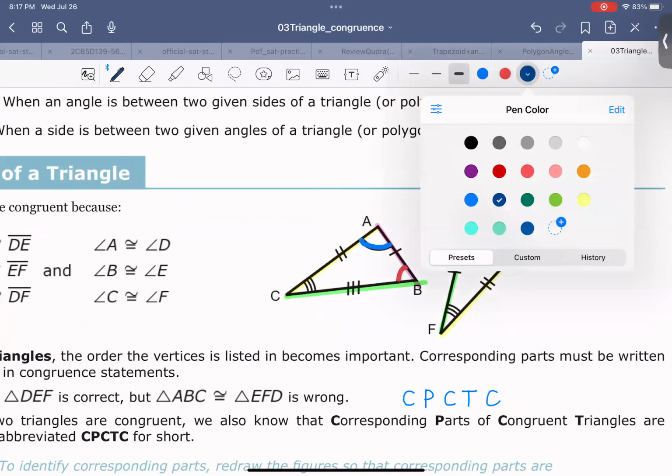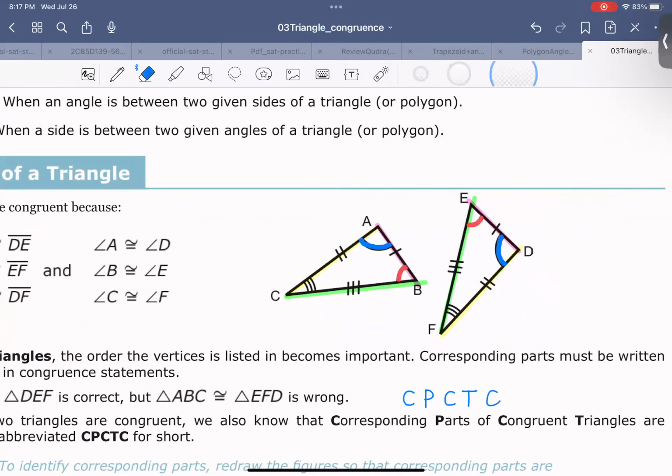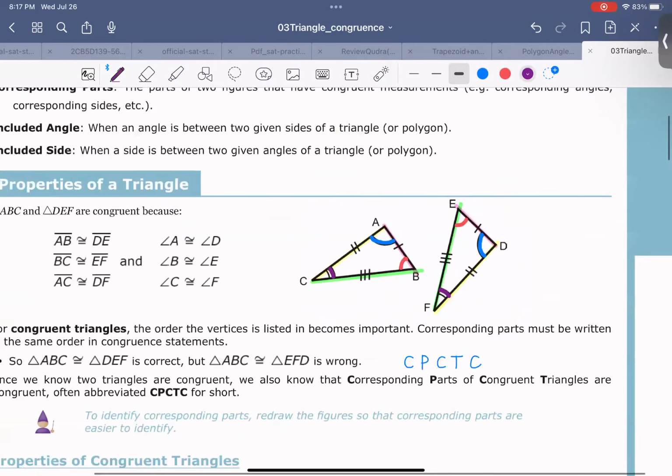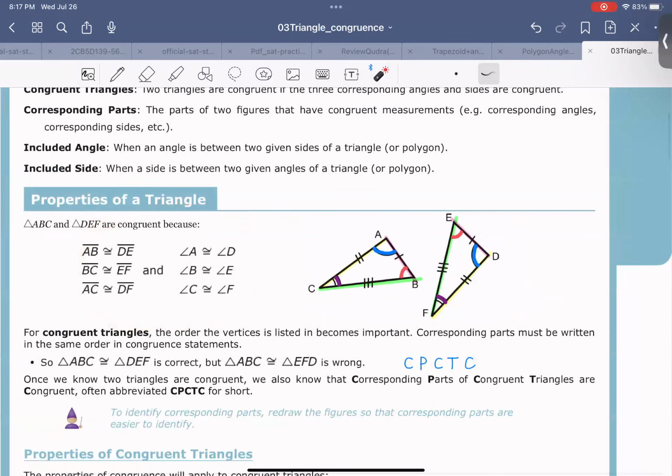Next one, angle C is congruent to angle F. Okay. When you satisfy all these 6 conditions together, we call these two triangles congruent triangles. That means they have everything congruent, not only the lines, but also the angles.